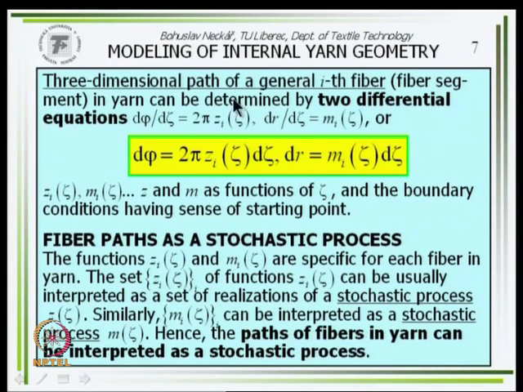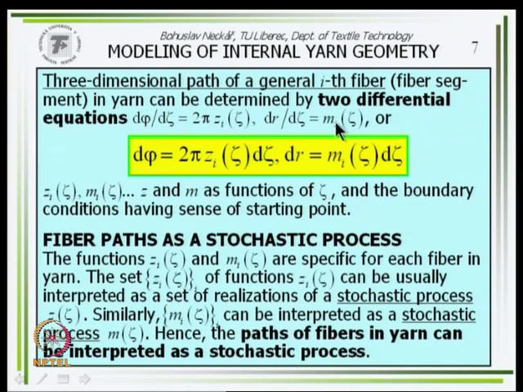So this zi is some function of zeta. From this, after small rearranging, we obtain d phi is 2 pi zi(zeta) times d zeta.